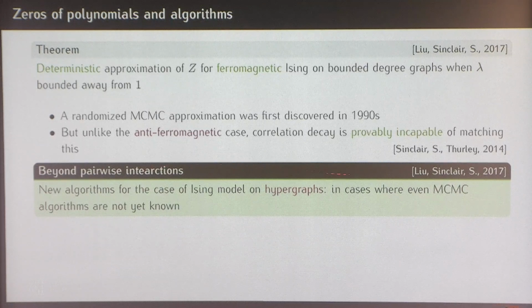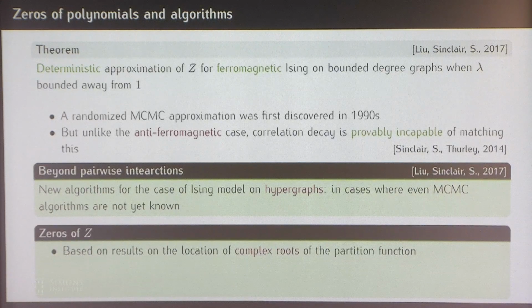But this method, based on deterministic approximation of zeros, does achieve that. And as I will show more, it is going to be based on the Barvinok philosophy that has been discussed several times today, and also on generalization of some results of Patel and Regts.